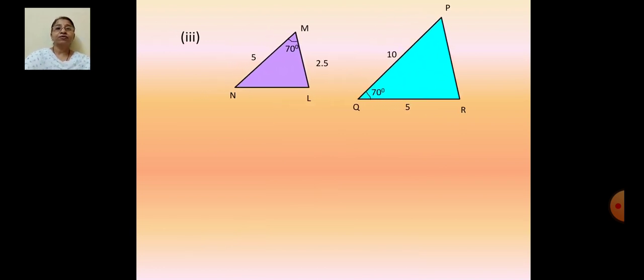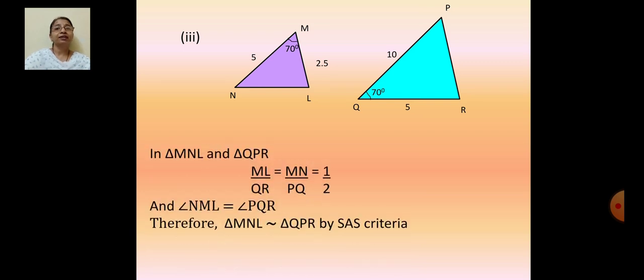Now third pair of triangles. Here two sides and included angle are given. So let us see in triangle MNL and triangle QPR. ML upon QR, 2.5 upon 5, on simplification ratio 1 by 2, and second ratio MN upon PQ, 5 by 10, so the ratio is 1 by 2.